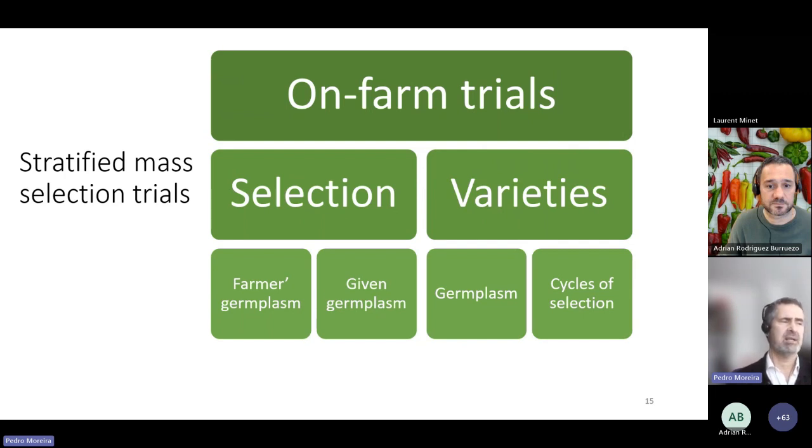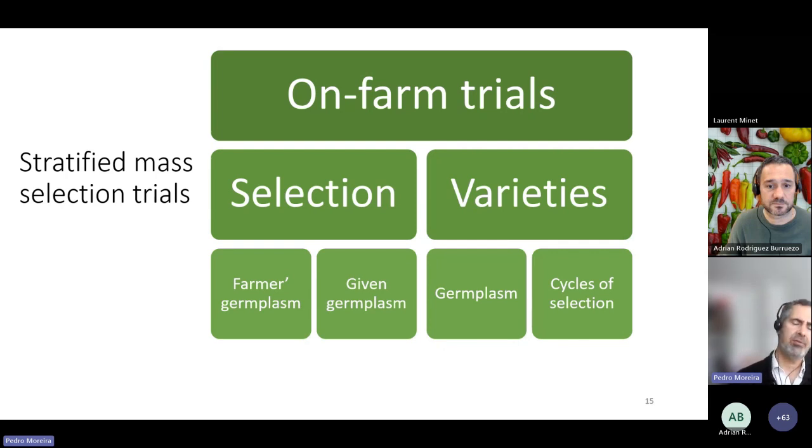They can ask us, and they start the trial and the mass selection process, as already mentioned. Regarding mass selection, we can do stratified mass selection. What is the difference between stratified mass selection and mass selection?